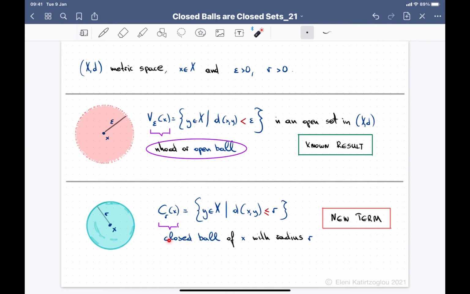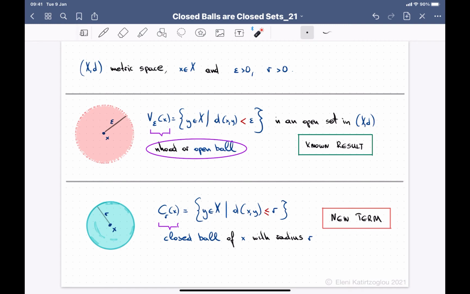So the closed ball of a point x with radius r is the set of all the elements y inside X that have distance from x less than or equal to r. A graphical illustration of such a closed ball is a disk with center x, radius r, where all the points on the perimeter are included.